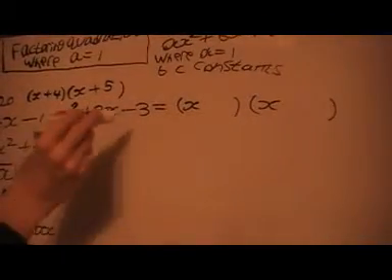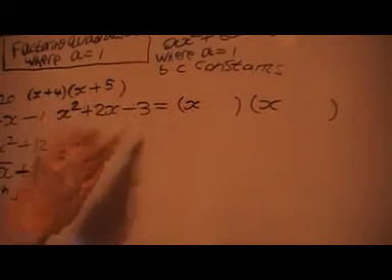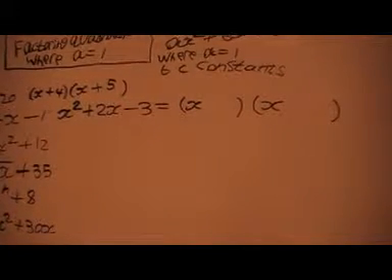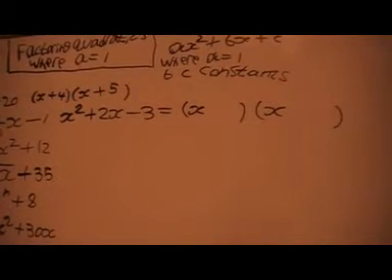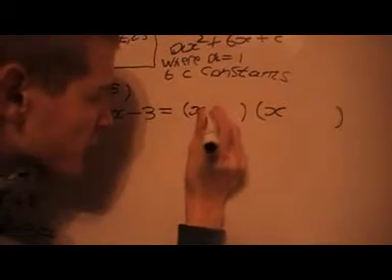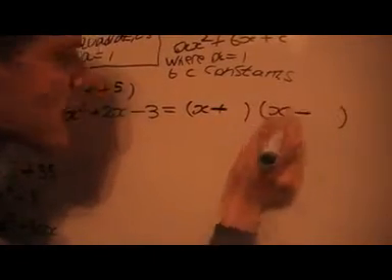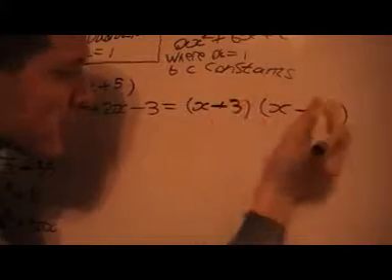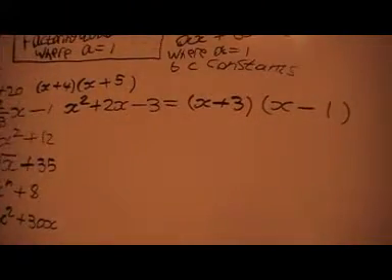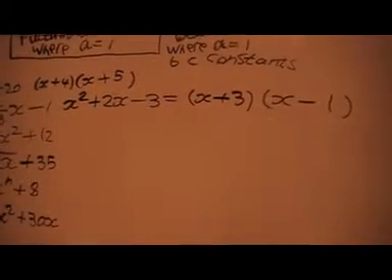This one's a minus 3, and we know that to get a minus we need a plus and a minus to make that for multiplying. So one of these is going to be plus and one of them is going to be minus. And I have to make 2, so I'm going to make this one the plus 3 and that one the minus 1. And that'll work.